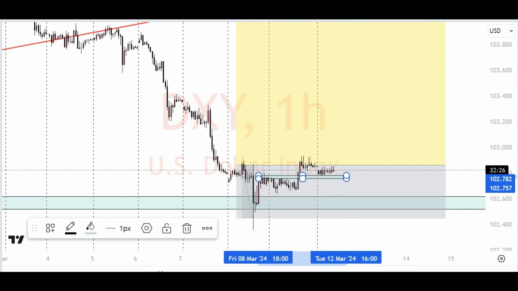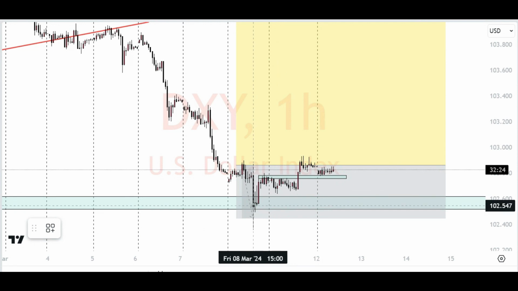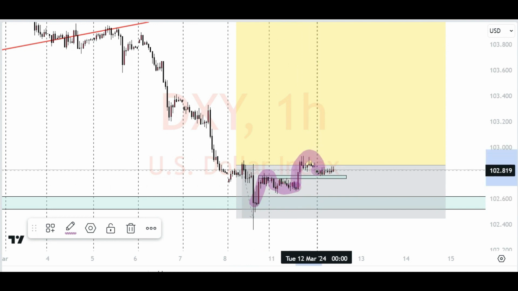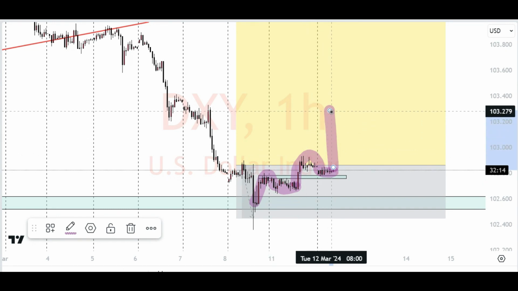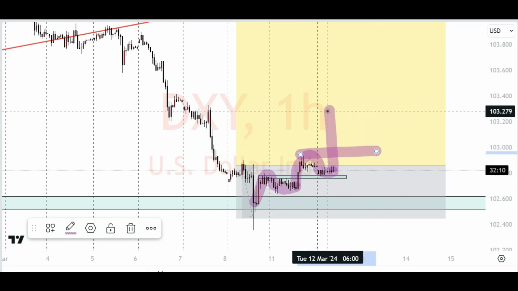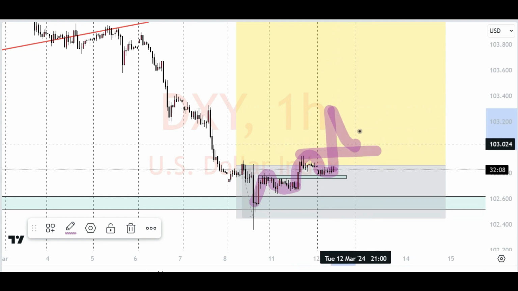The market moves in impulse, correction, impulse, correction. This is the impulse, this is the correction, this is the impulse, this could be the correction, and then it's getting ready to impulse. So if it's getting ready to impulse, guys, I would rather get in on this correction right here. That's just how I am looking at the dollar index.